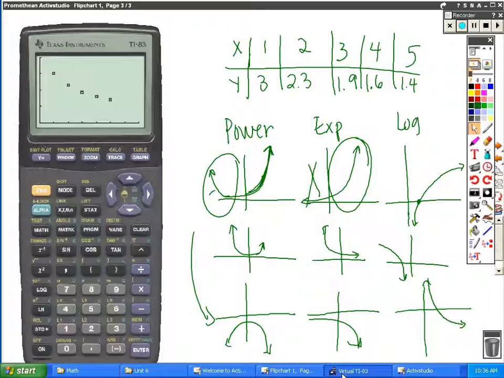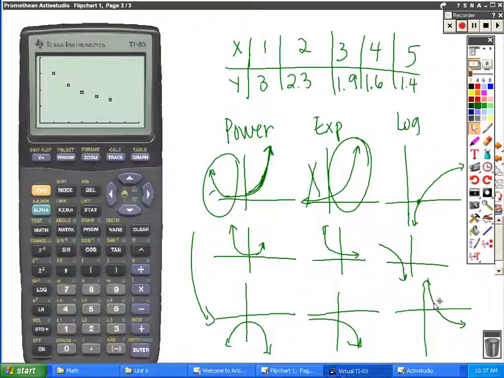It's not the original exponential. It isn't really a reflection across the y-axis. So then let's go to exponential across the x-axis. Still not really what it looks like. Let's look at logarithmic. It's not the original logarithmic. Doesn't look like the flipped across the y-axis. But let's look at the one where it's flipped across the x-axis.